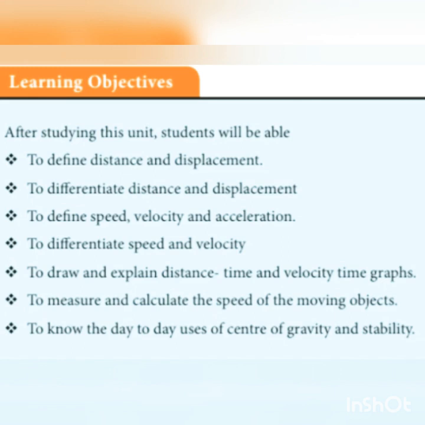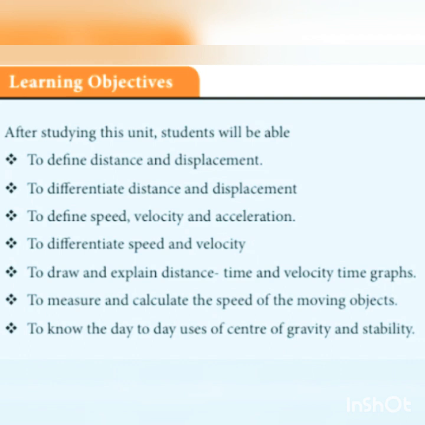So after studying this unit, you will be able to define distance and displacement. You can differentiate distance and displacement. You can define speed, velocity and acceleration. You can differentiate speed and velocity.